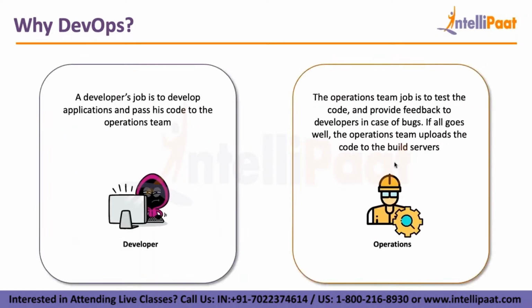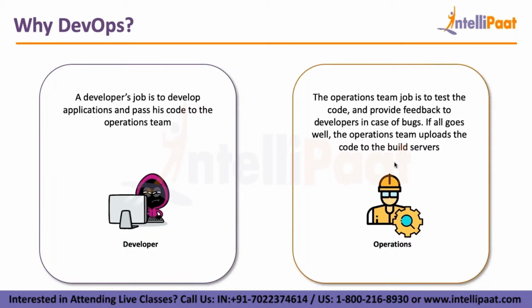So guys, let's take a scenario to understand the problems these teams are facing. Let's say I have two teams: the development team, and the operations team, which comprises testers and system administrators who will be uploading the code. A developer's job is to follow what the manager is saying.